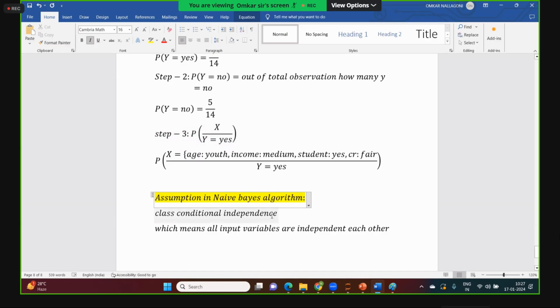So now you already know the independent formula. P of A and B equal to what?